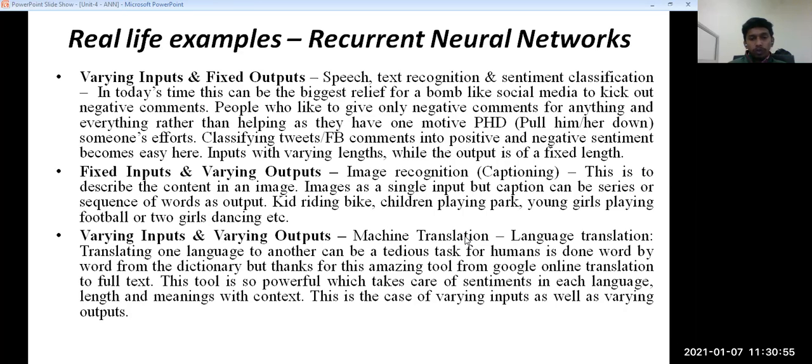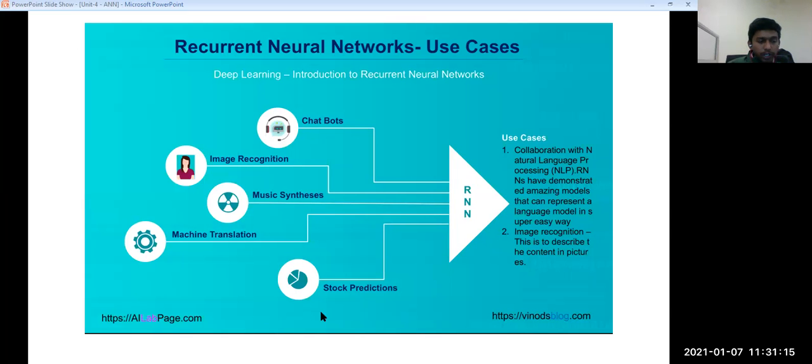This tool is so powerful, which takes care of sentiments in each language, length, and meanings with context. So this is the case of varying inputs as well as varying outputs. You all need to remember these examples with respect to the various types of applications for recurrent neural networks. So we will go into the next use cases of recurrent neural networks.